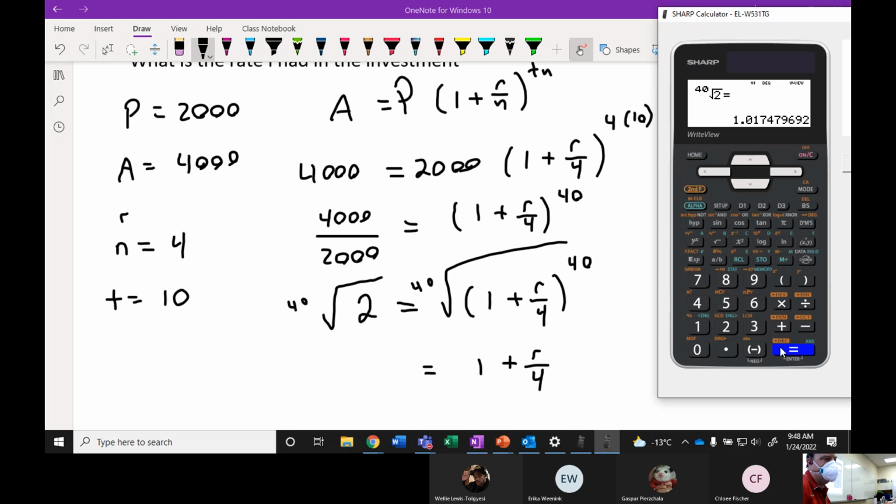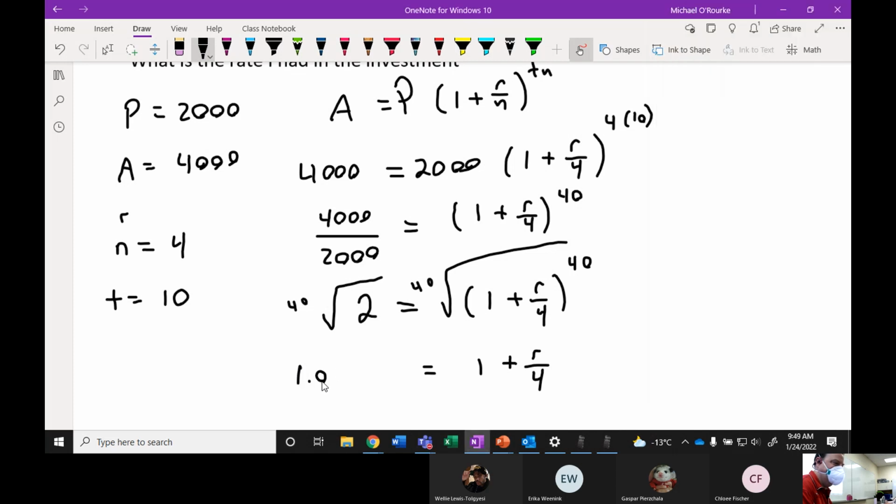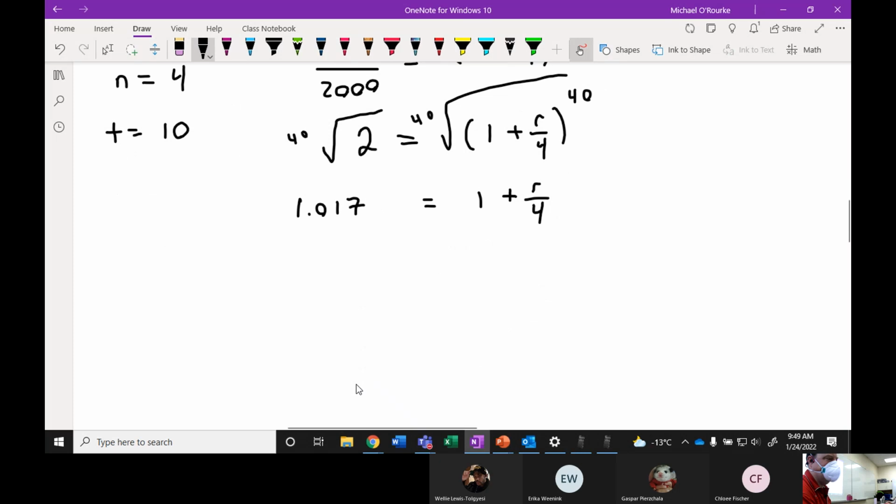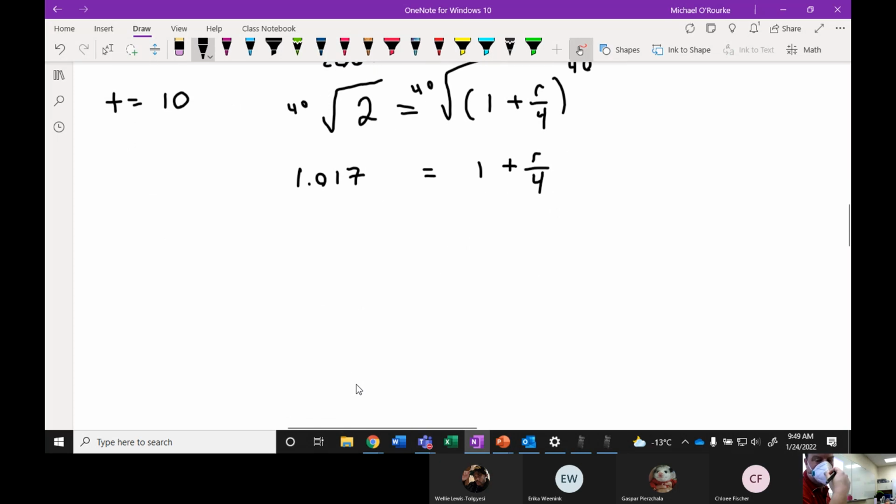Not that bad. 1.017. Make sure everyone can get that on your calculator. All right. Try to go 2. There's a big difference between 2% and 1.7%.